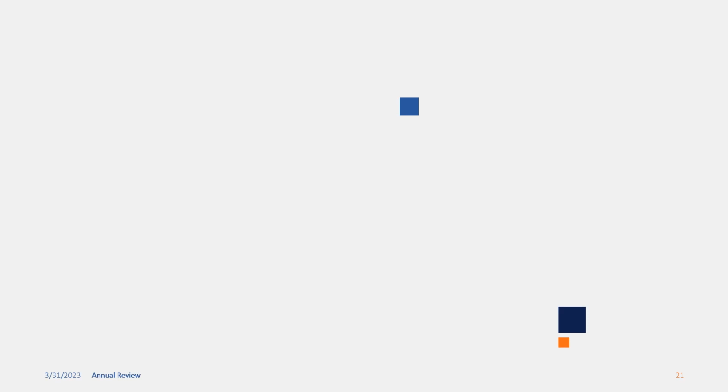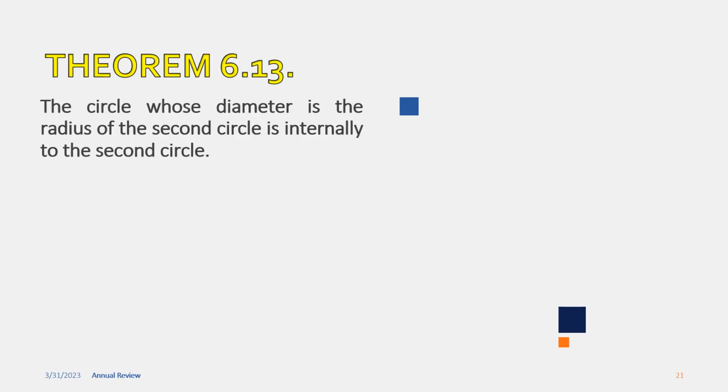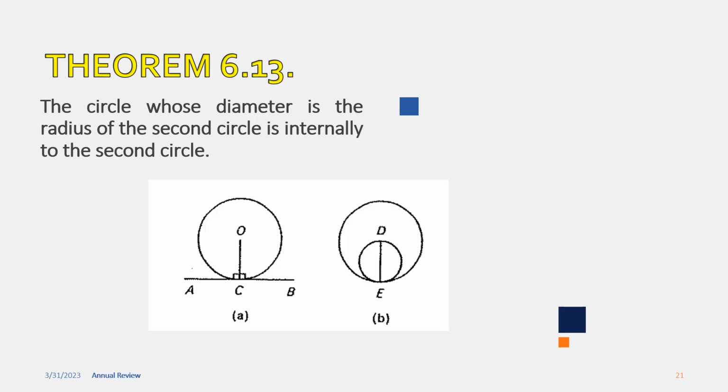It is stated as Theorem 6.13: the circle whose diameter is the radius of the second circle is tangent internally to the second circle. So if we're going to illustrate it, okay, this one. So the more elementary theorem is illustrated in this figure.